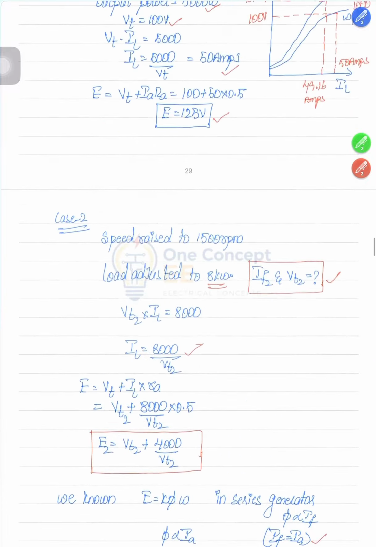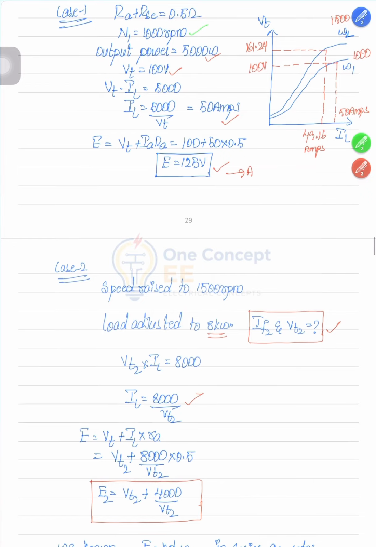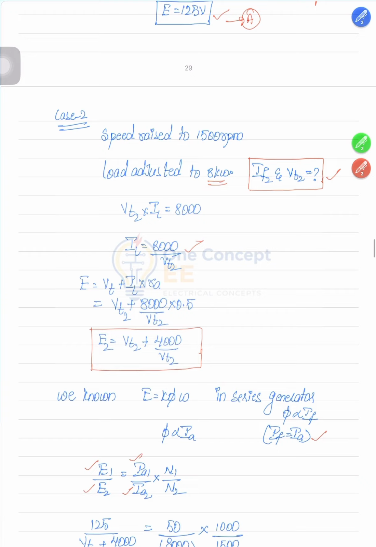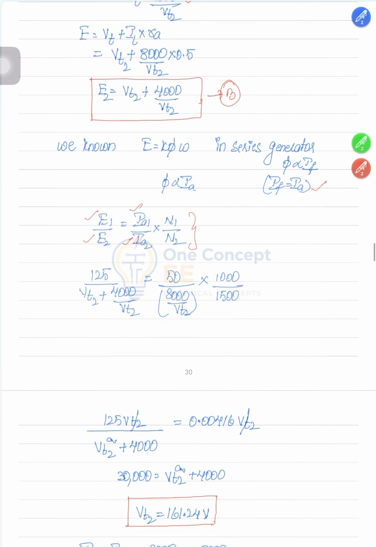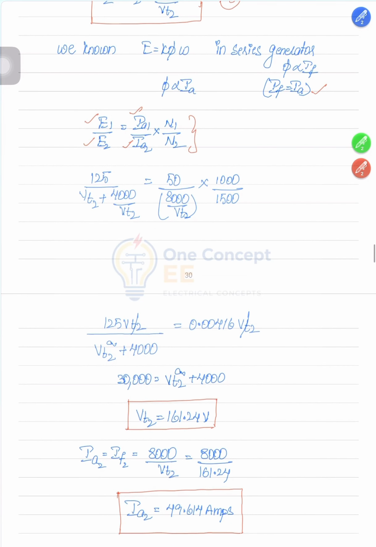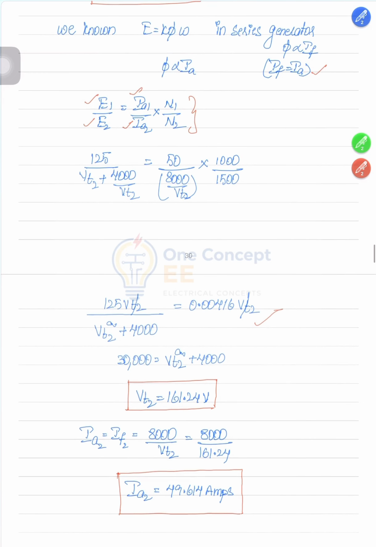By substituting expression A and expression B in this equation, you get everything in terms of terminal voltage. By solving these expressions, we get a terminal voltage of 161.24 volts.